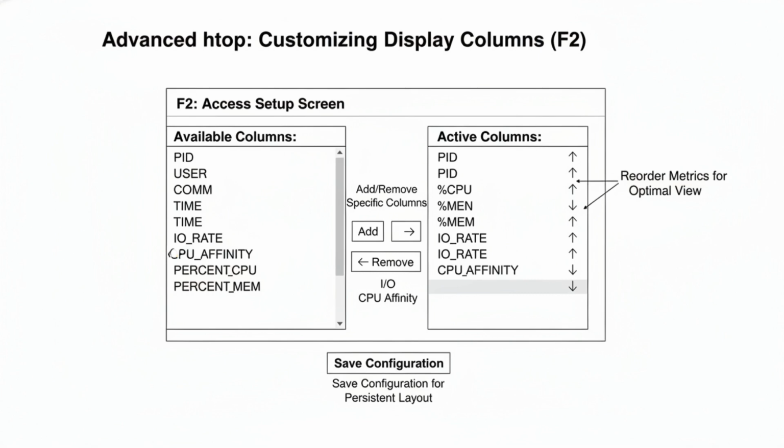This allows you to focus only on the data points most relevant to your current investigation. Furthermore, you can reorder these metrics to present the information in the most intuitive way for you. Once satisfied, htop allows you to save the configuration, ensuring your preferred layout persists across sessions. This customization capability transforms htop from a generic tool into a personalized diagnostic powerhouse.